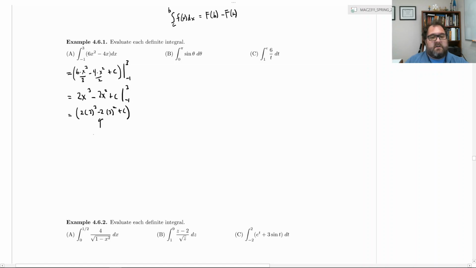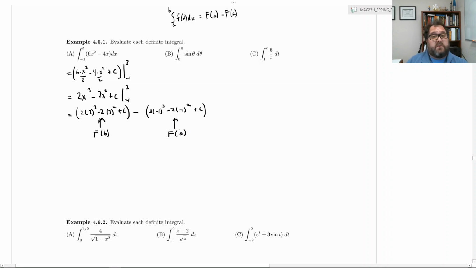So this is capital F of b, minus capital F of a. So 2 times negative 1 cubed. Why did I write so small? 2 times negative 1 cubed minus 2 times negative 1 squared plus c. This is capital F of a.